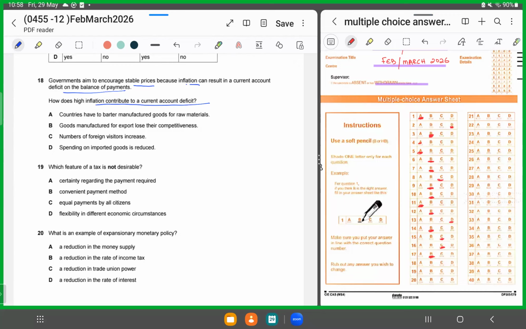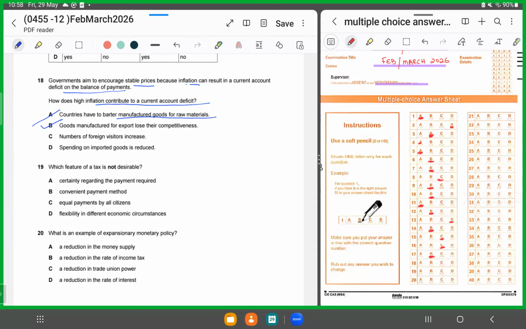Let's look at the options. Countries have to barter manufactured goods for raw materials. That's incorrect. Goods manufactured for export lose their competitiveness. Yes, that's the correct answer. Why? Because if there's inflation, the price of the goods is going to rise. So the suppliers or the manufacturers are going to price their goods high.